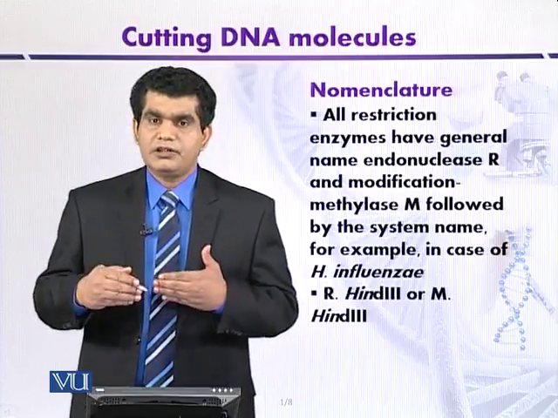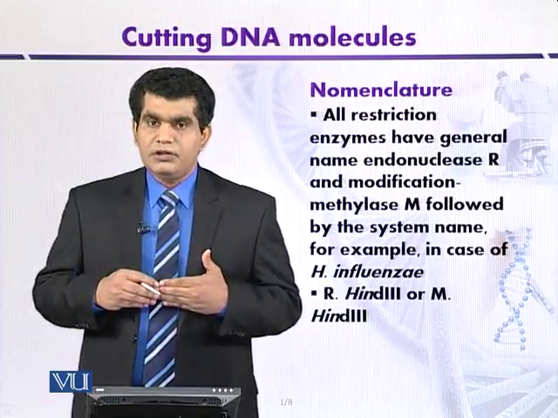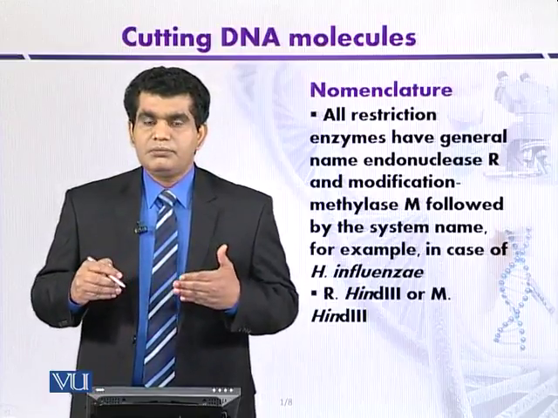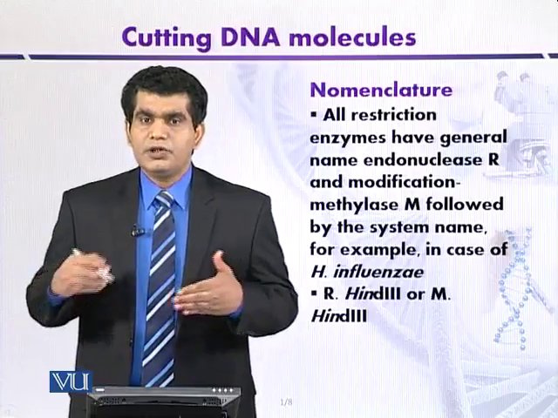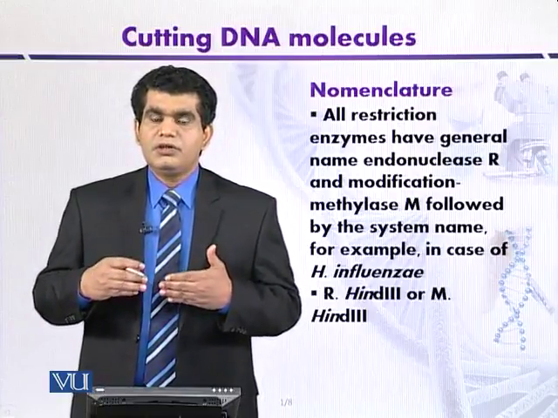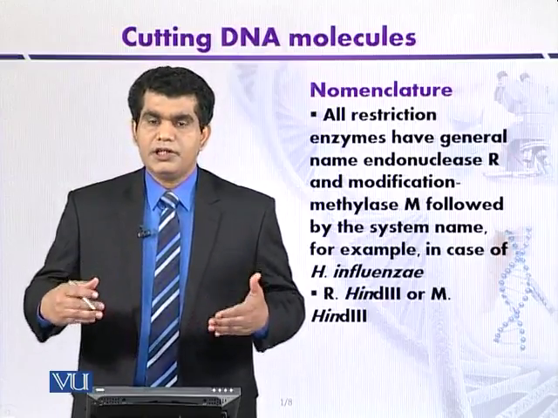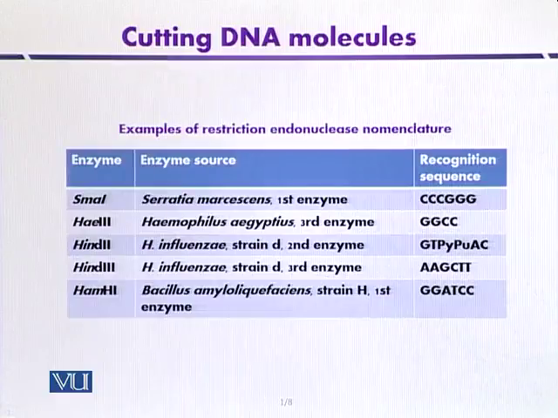It indicates that this enzyme is showing restriction activity. If it is written as M dot HIND 3, it means that this enzyme is showing methylation activity and playing some sort of role in DNA modification. So these are examples of restriction endonuclease nomenclature, and how they can be given different types of names.